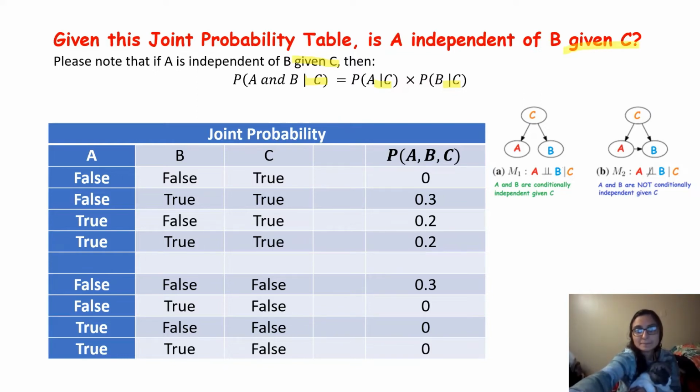This is what we need to find. So the probability of A and B given C, if it's equal to the probability of A given C multiplied by the probability of B given C, then A is independent of B given C. That essentially is how you calculate this conditional independence.